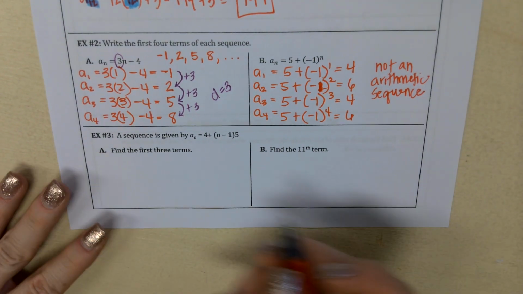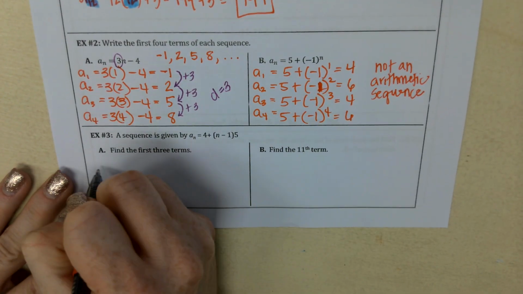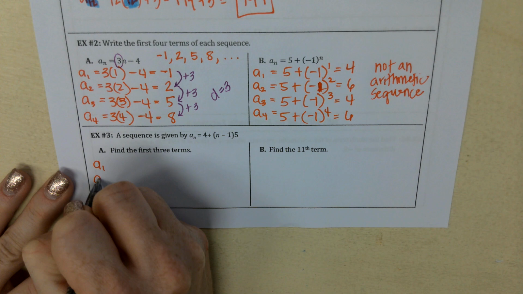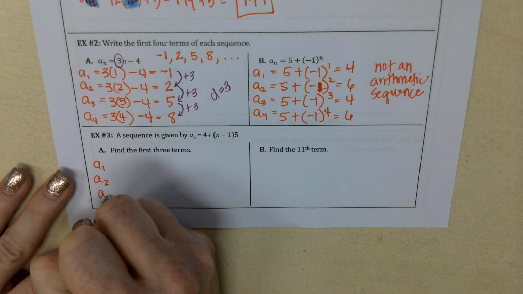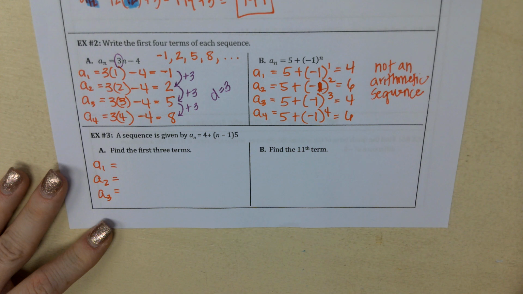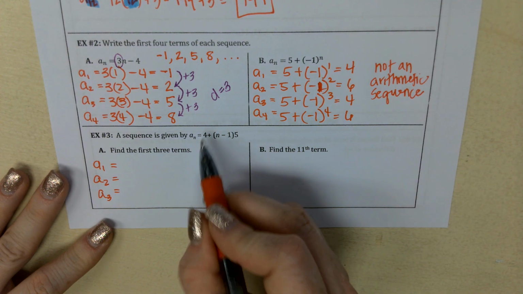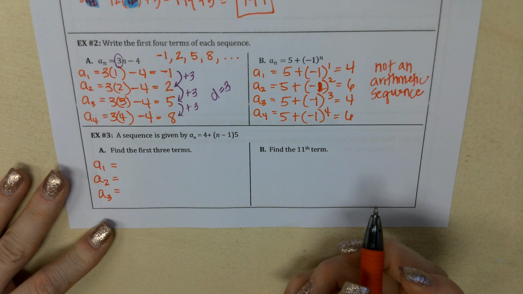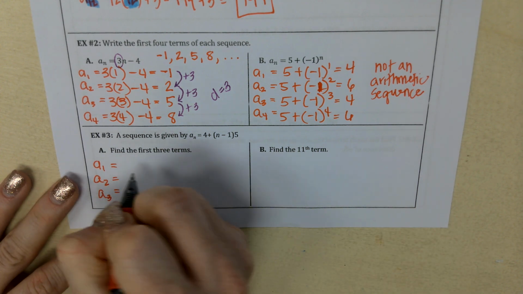All right, find the first 3 terms of this sequence. So A1, A2, and A3. Now, these are very much like a linear function, okay? Arithmetic functions or arithmetic sequences are connected to linear functions.